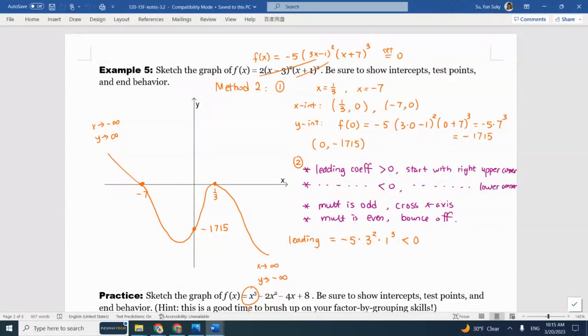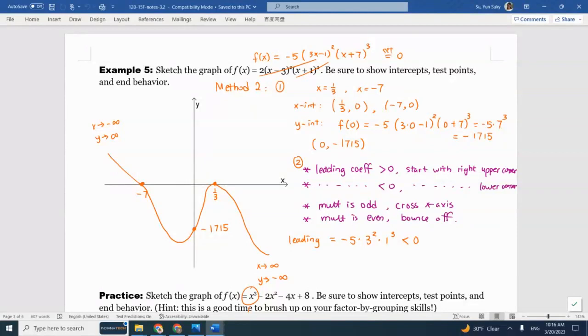Okay? And then we look at the leading coefficient. If you have the factor form, you collect the leading coefficient from each factor. So here, this factor is negative 5. And then here, what's the leading coefficient of this factor? 3. But you have a square, so include the square.